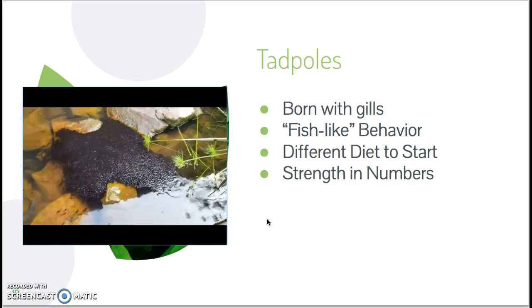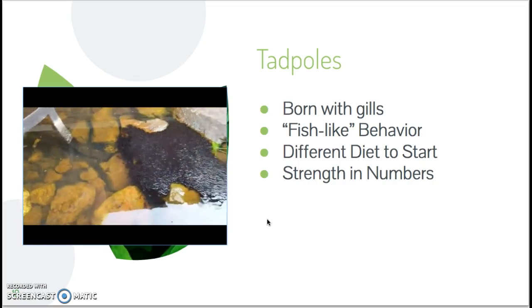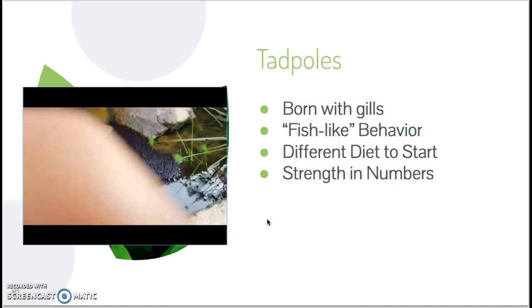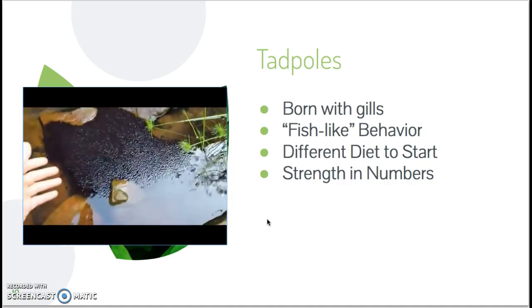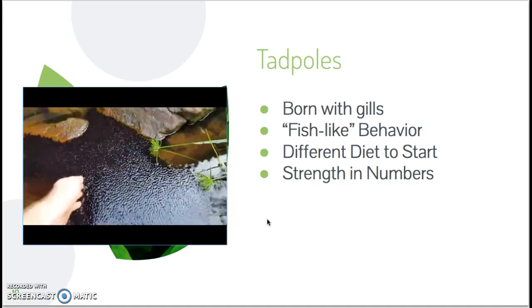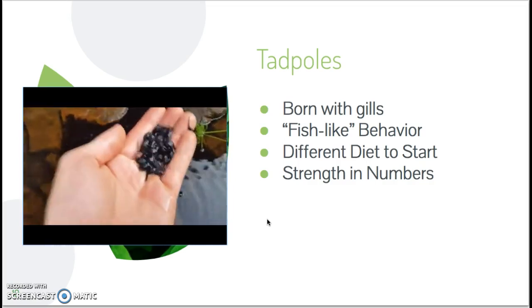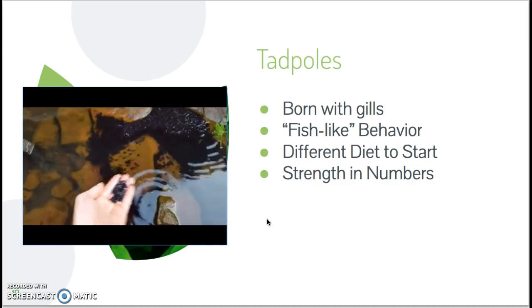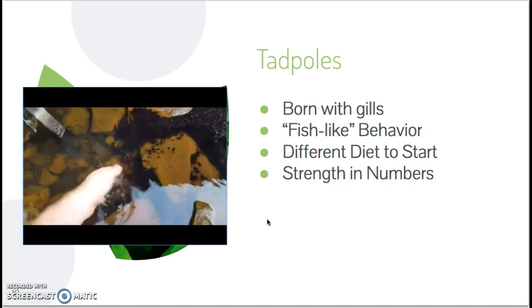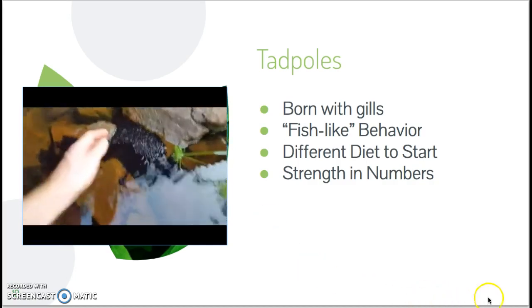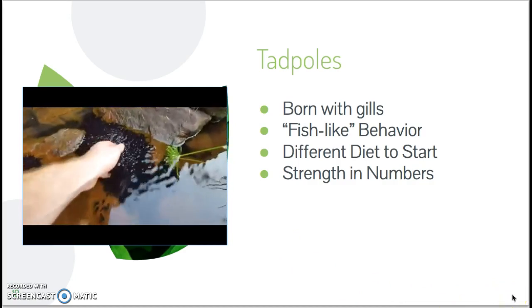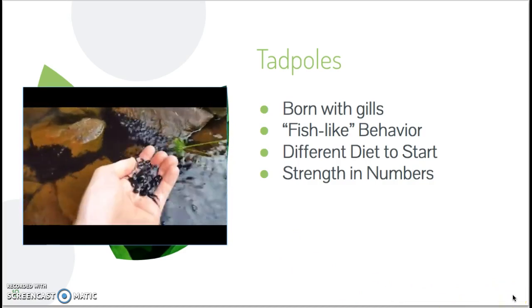They feed on algae and other green-like substances in their place of birth, and similar to fish as well, they almost run around in schools and find strength in numbers because their chance of survival as an individual is greater if they stick together.